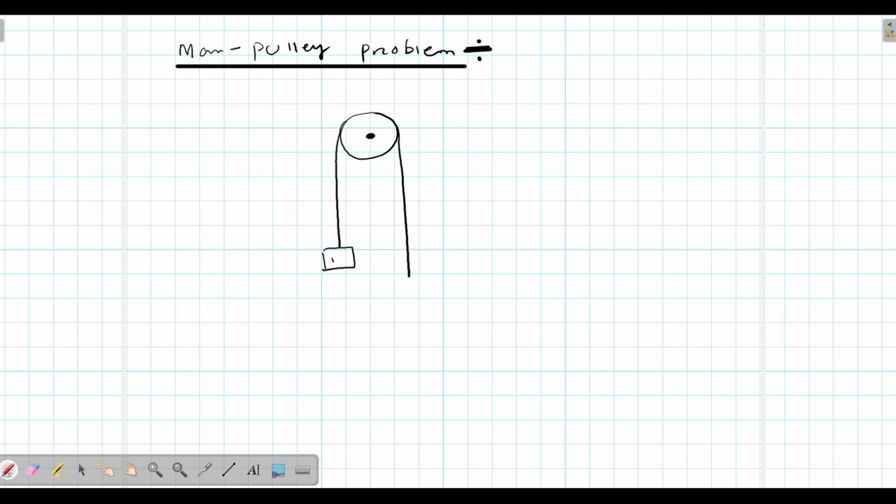This mass is m1, this mass is m2. T is the tension in the string. Here the weight is m1g, and this weight is m2g. m2 is greater than m1, so m2 moves in the downward direction and m1 moves in the upward direction.